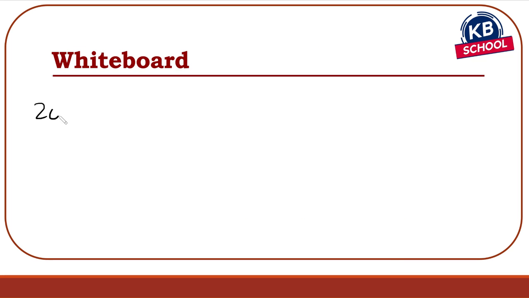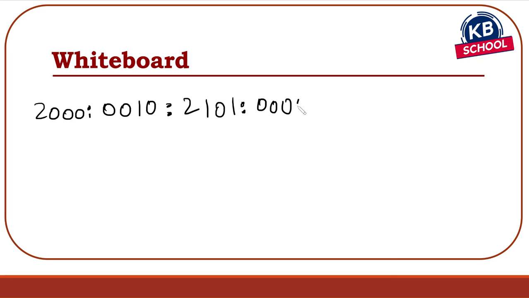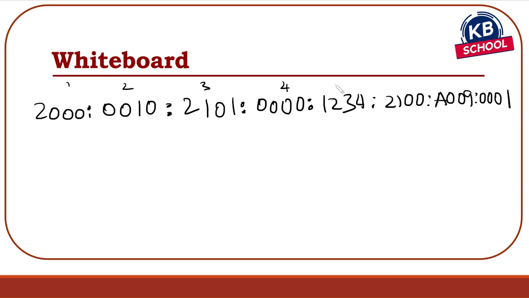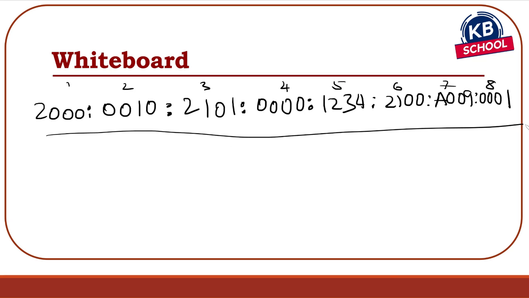If I had an address like this, again, 1, 2, 3, 4, 5, 6, 7, and 8 blocks. This is a complete IPv6 address.